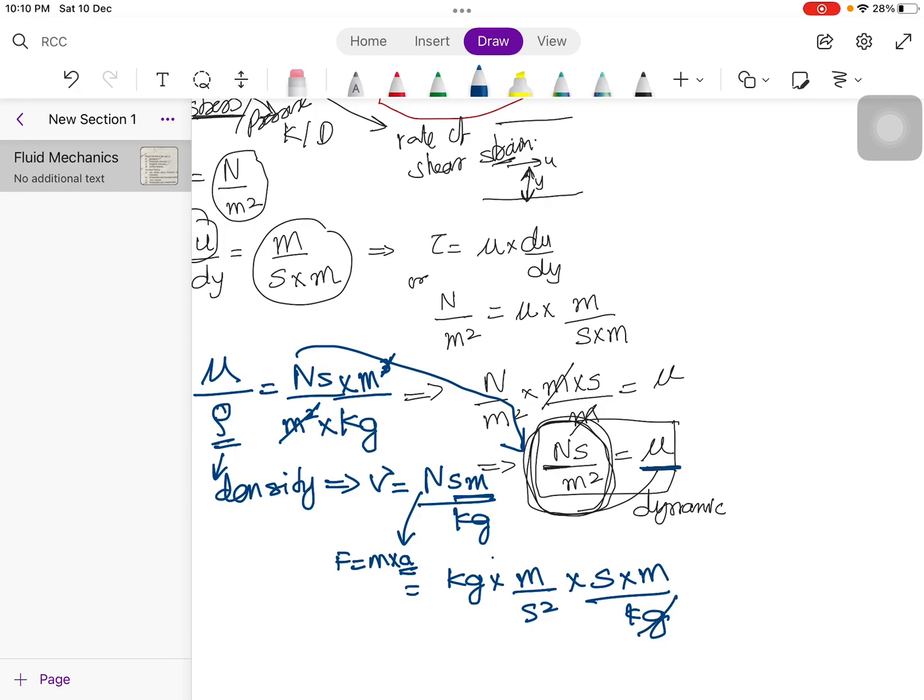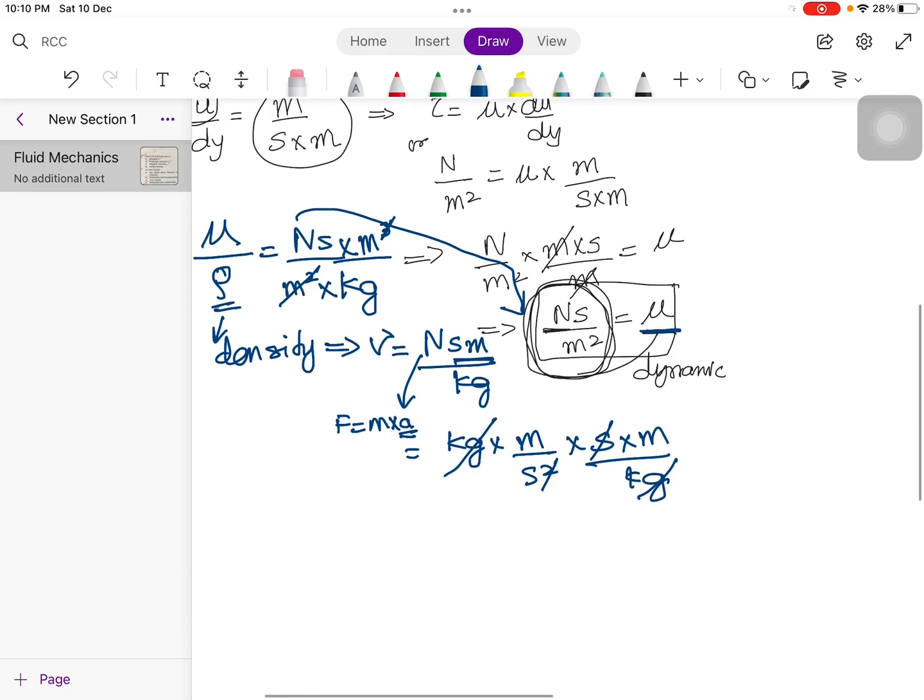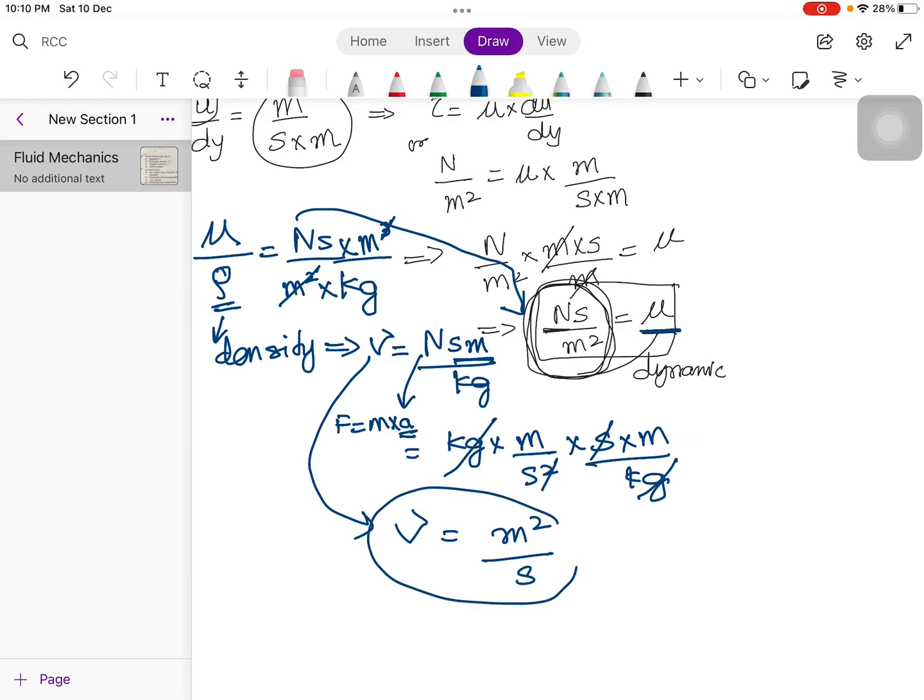So kilogram and kilogram go, second goes with the second, and then we have nu equals meter square per second. If you take a look at this unit, it is purely a kinematic unit because its unit resembles that of velocity, which is meter per second. So we are going to call this nu as kinematic viscosity.